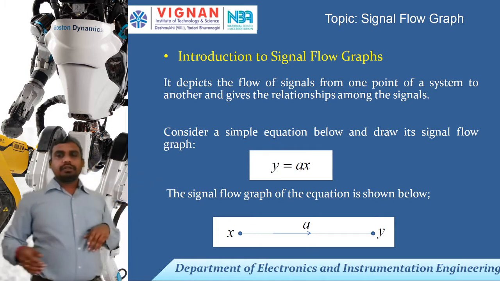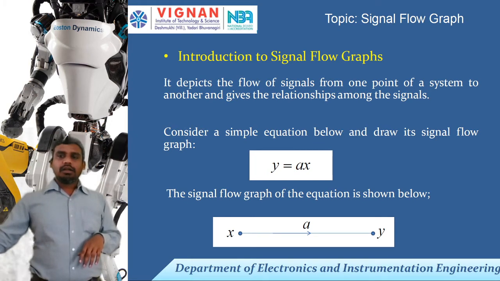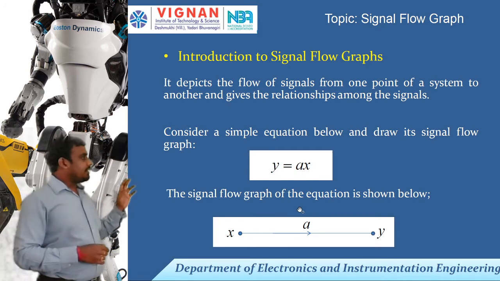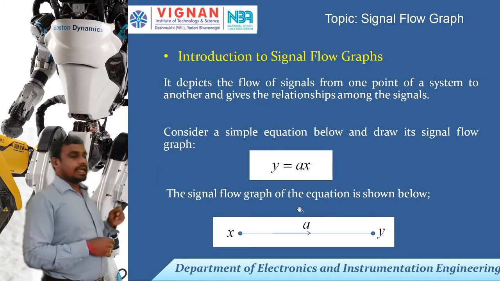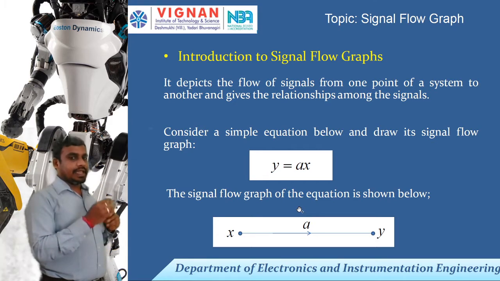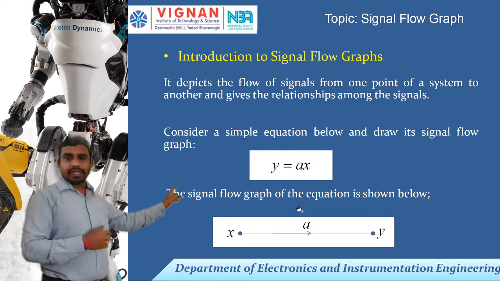If you consider the signal here, it has two nodes, x and y, and A is a gain which is traveling from point x to point y.